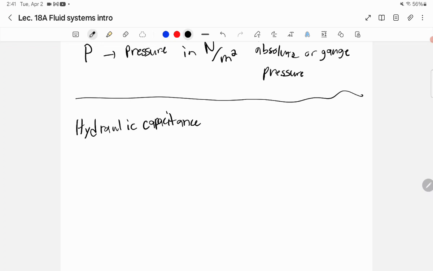Okay, and so we're going to have this concept of hydraulic capacitance. So here we have C_H, which is given by the area divided by the density times the gravitational acceleration.